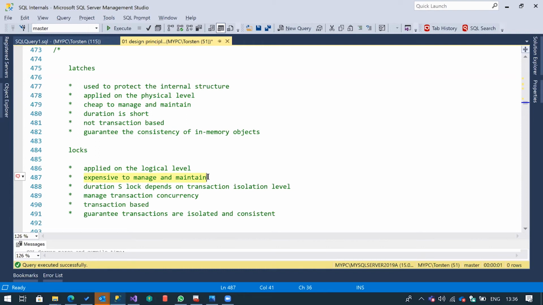So that means the more locks you have in your system, and this is also definitely worth mentioning, the more memory you allocate just for the lock manager. The more locks I have, the more memory is allocated. That is the reason why SQL Server implemented lock escalation.